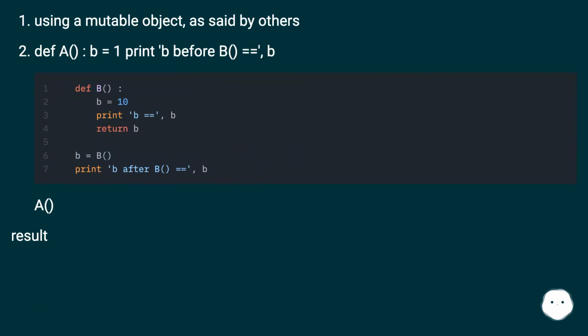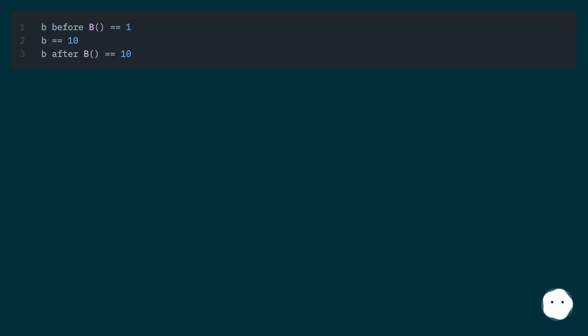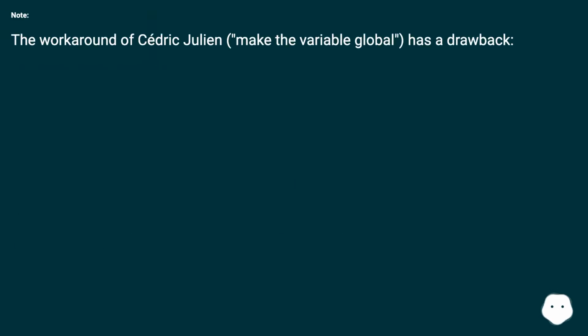Define a, b is equal to 1. Print b before b is equal to b. A. Result. Note: the workaround of Cedric Julien, make the variable global, has a drawback.